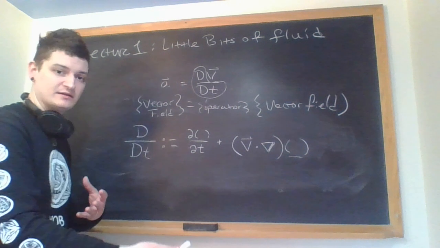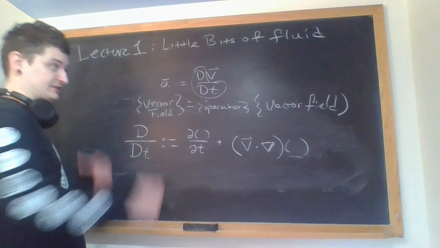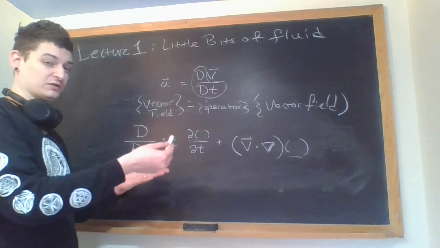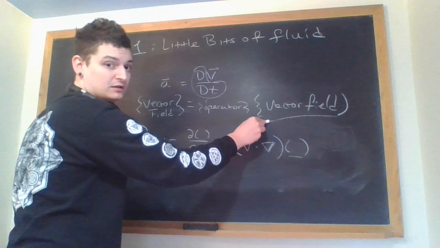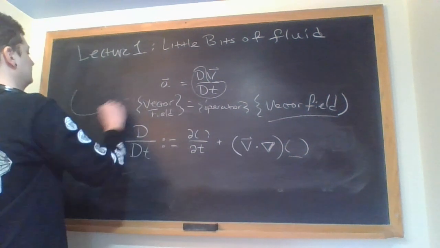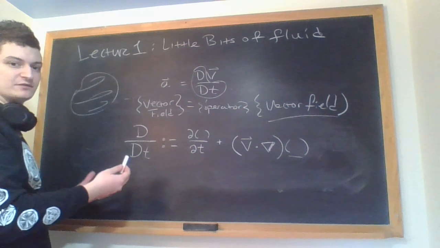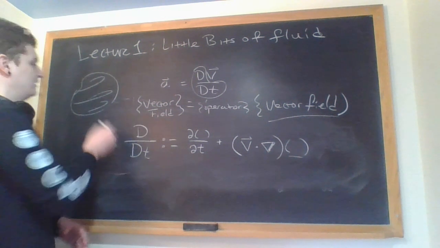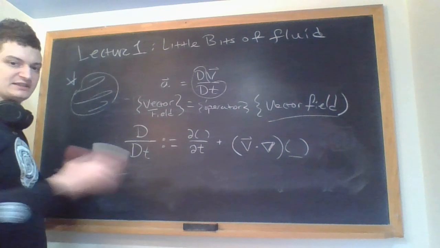So instead of operating on a point or just one vector, which is what you did in physics too, this differential operator called the material derivative, or substantial derivative, extends it so it can operate on a whole vector field. Remember my giant blob of fluid? I have to describe it as a vector field because at every single point in this volume of liquid, I need to describe some velocity, which is a vector.